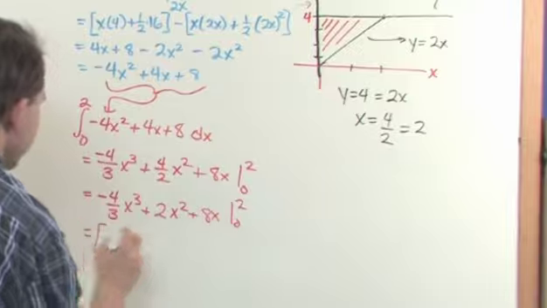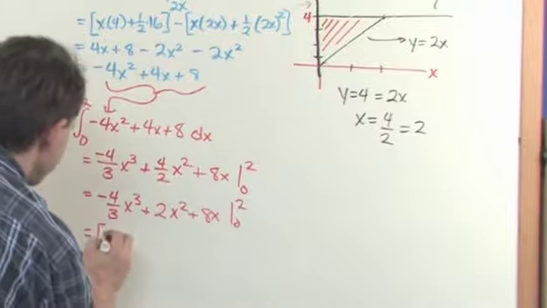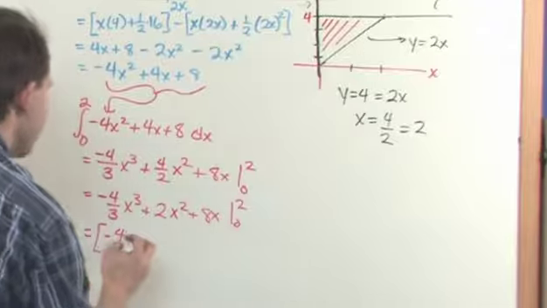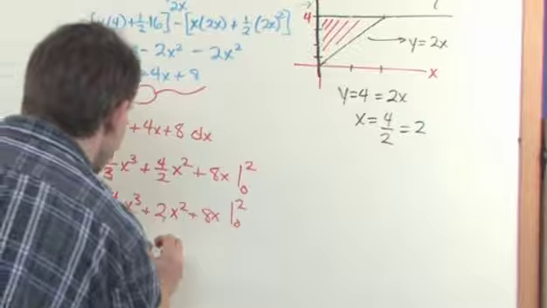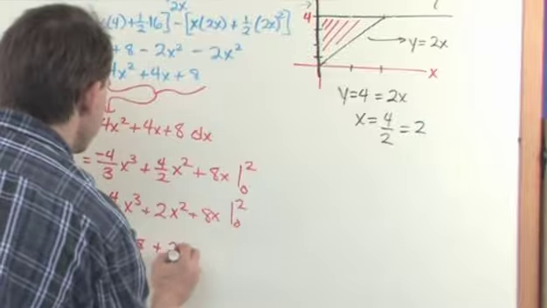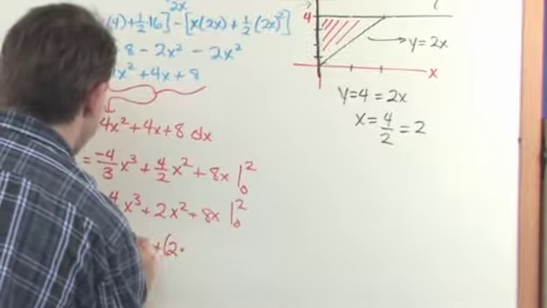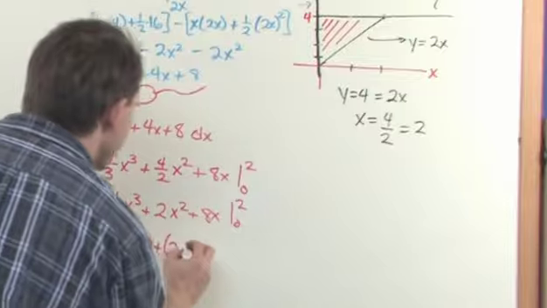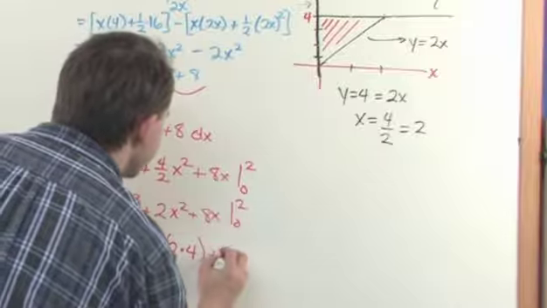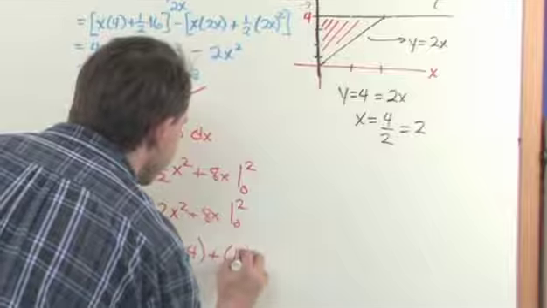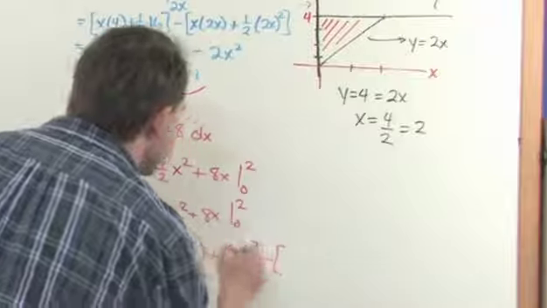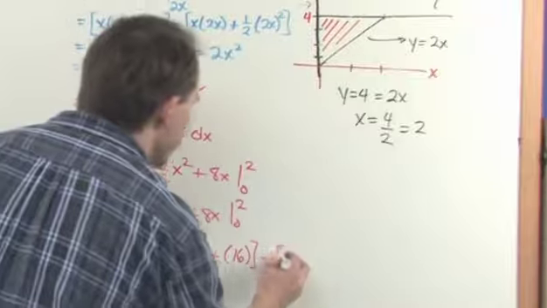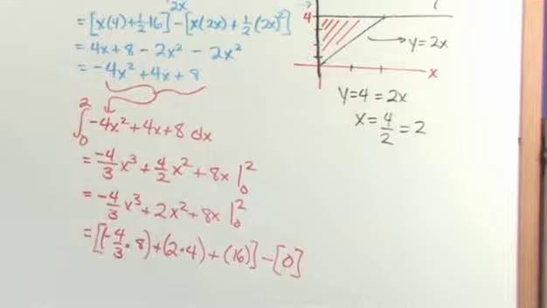Now, plugging in 2, negative 4/3 times 2 cubed is going to be 8, plus 2 times 2 squared, which is 4, plus 8 times 2, which gives me 16, minus evaluating all this at x equals 0, which contributes nothing because it just gives me a big fat 0.